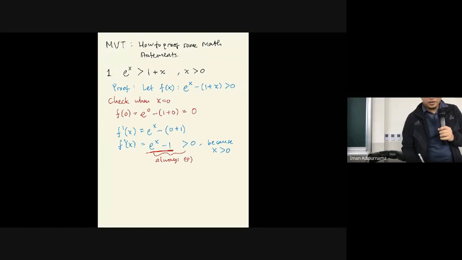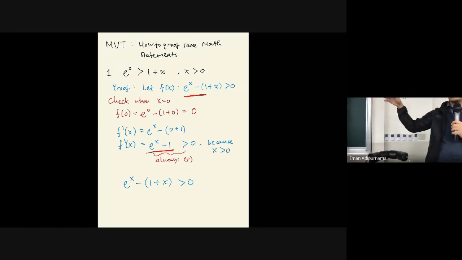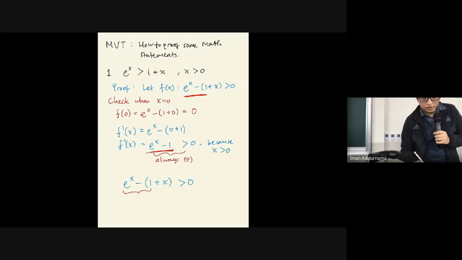And this statement here is actually part of our equation. So we are writing back the whole equation, e to the x minus (1 plus x) greater than 0. So no matter how you rewrite your formula, this part is always positive, and no matter what, this will be true.